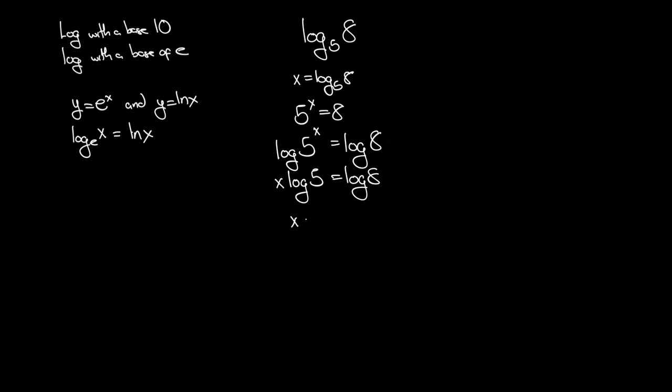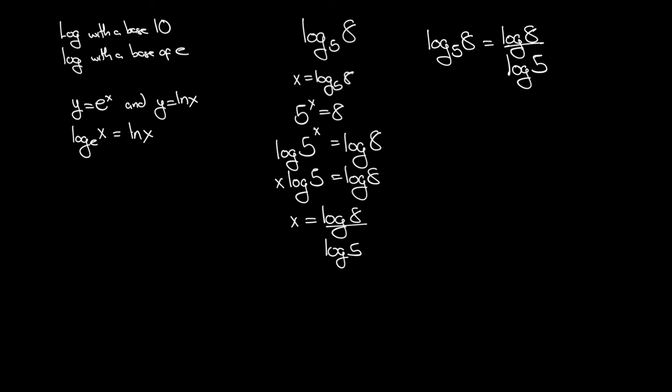And so therefore, x is equal to log 8 over log 5. Wow. Here's what we just proved: if you have the log base 5 of 8, you can use the log base 10, and it would end up being log 8 divided by log 5.